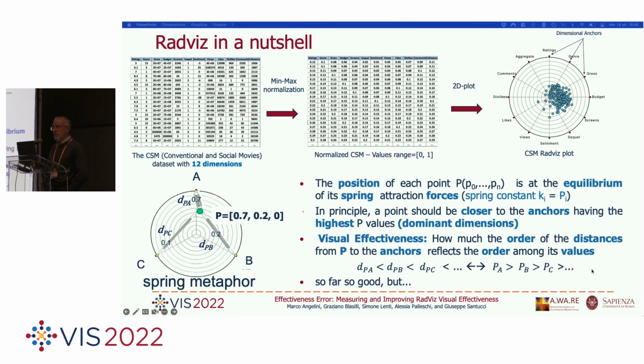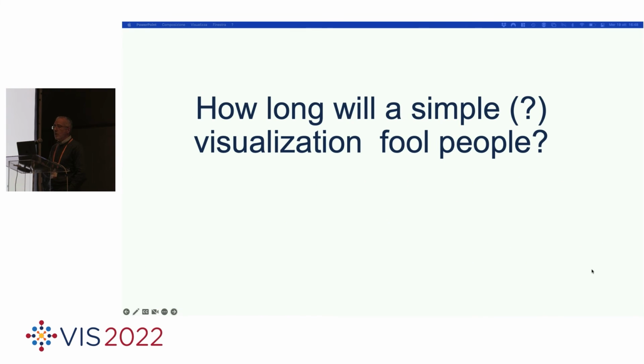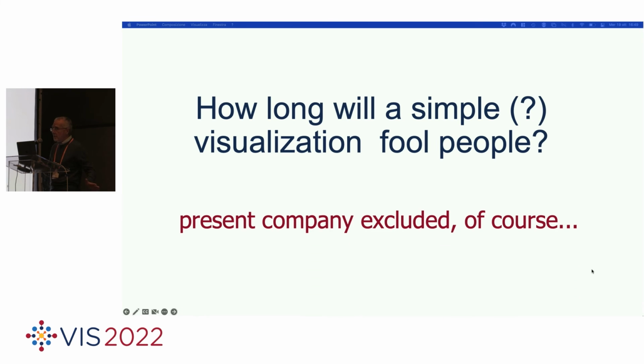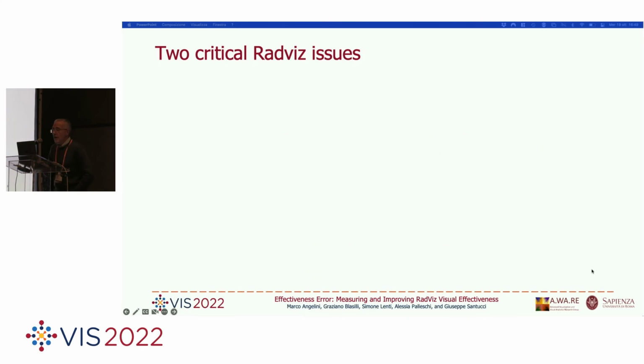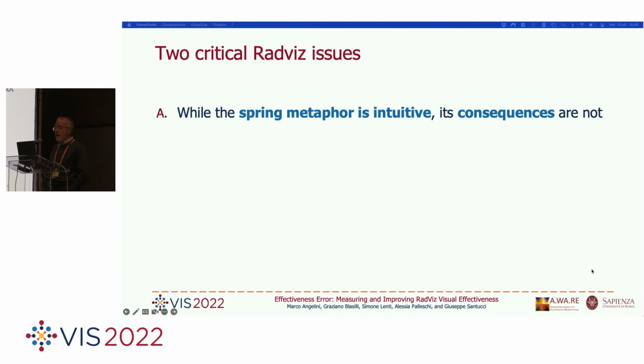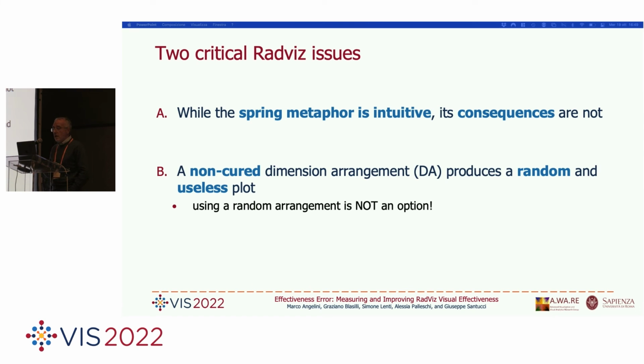So far, so good, but how long will a simple visualization fool people? Present company excluded, of course. I see 2 really critical issues in RADVIS. The first one, while the spring metaphor is really intuitive, its consequences are not. Second, a non-curated dimensional arrangement produces a random and useless plot.